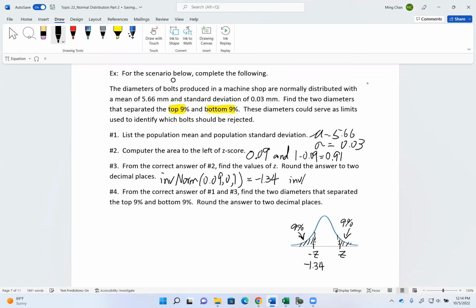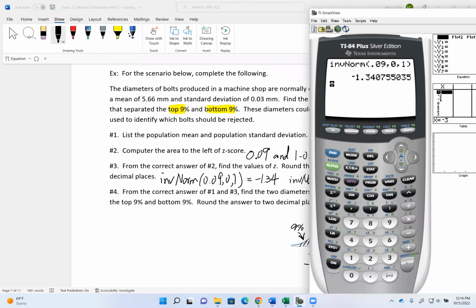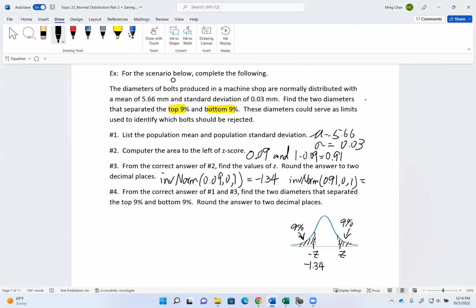So if I do inverse norm 0.91, comma 0, comma 1, it'll be positive 1.34. There you go.